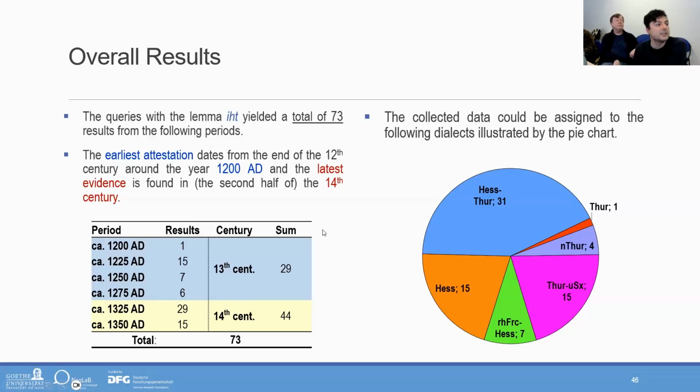And if you look at the dialectal distribution, we can see that there are examples from Thuringian, or those that can be associated with Hessian or Thuringian, but also those that could be associated with Thuringian and Upper Saxon. But we can also see attestations from dialects like Hessian and Rhine-Franconian, or Hessian, so attestations that could be associated with both of them.